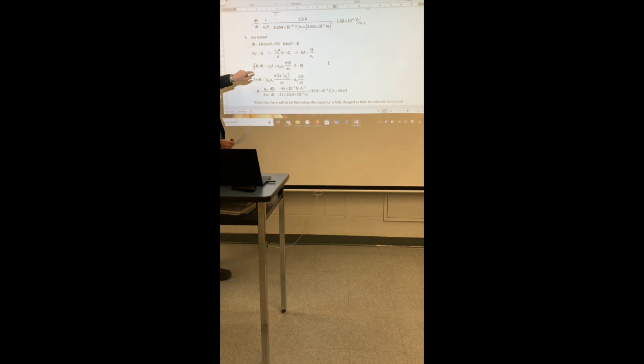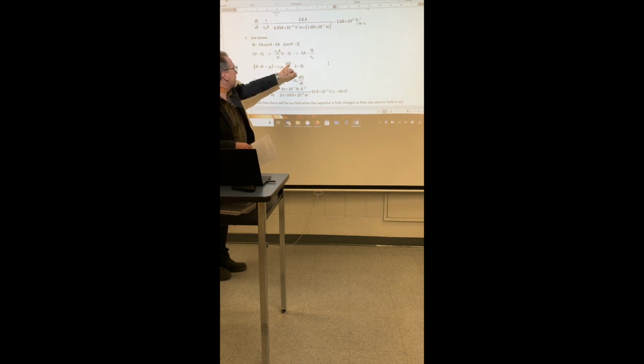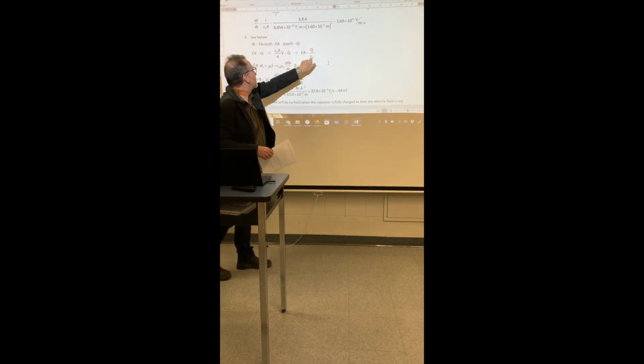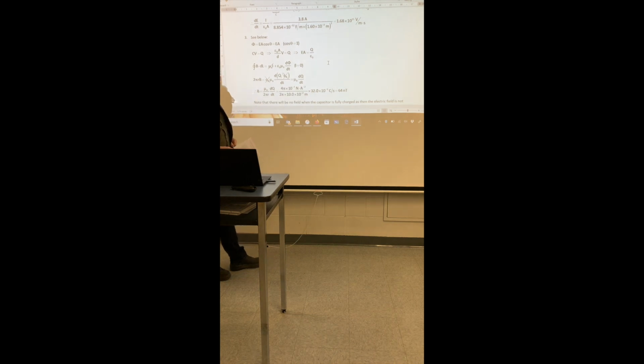The integral around a closed loop of B dot dl equals mu 0 I. Now, in this case, because our loop is around the capacitor, there is no current, so that term is 0. We've then got epsilon 0 mu 0 dPhi/dt, where Phi is the electric flux, and the electric flux is given by Q over epsilon 0.